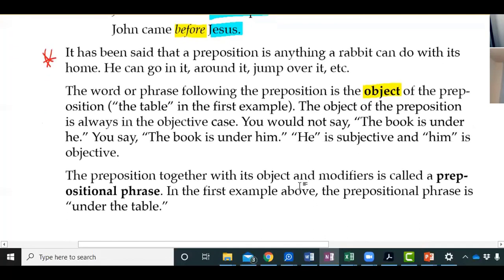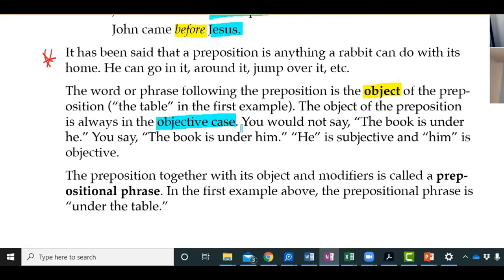Now, in English, we do have some constraints on what form the object of the preposition takes. English is not a case-marked language anymore, and so we've lost the case markings. But technically, in English, the objective case is used for the object of the preposition. The word table is still the word table, whether it's the subject or the object of the preposition.